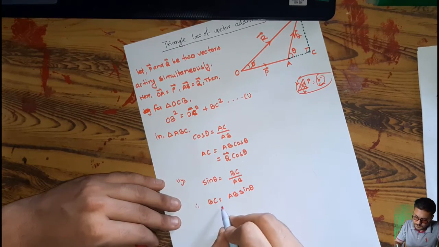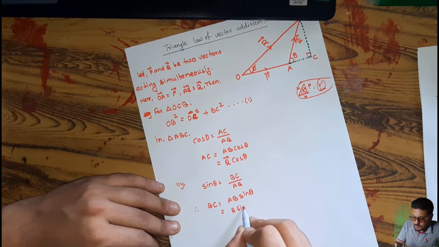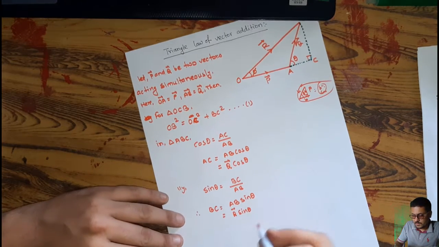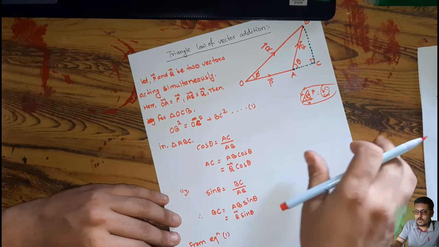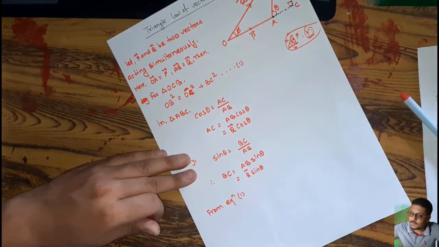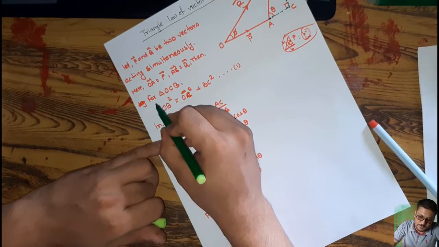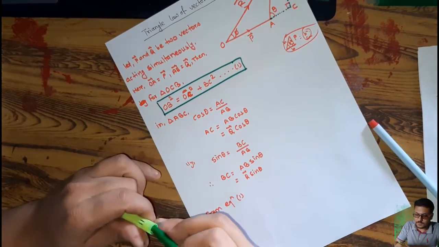Putting the value of AB, BC is Q sine theta. Now from equation 1, we have the value here, and we put these values.